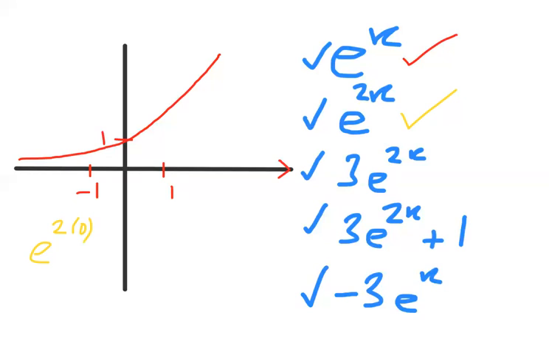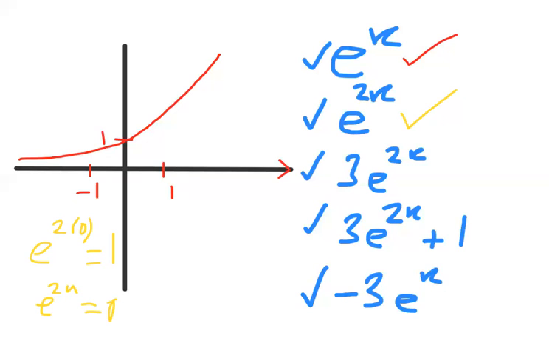So again, this will be e to the power 0 equals 1. So the y-intercept stays the same. And if we write e to the power 2x equals 0, so again, we'll get ln 0. So that's why the horizontal asymptote will be the x-axis again.